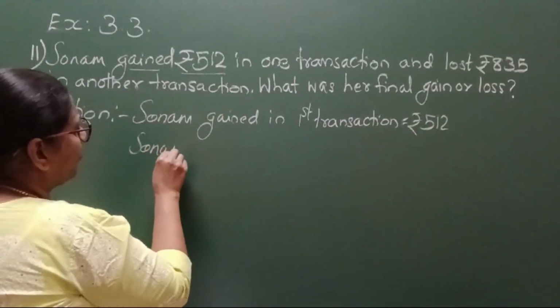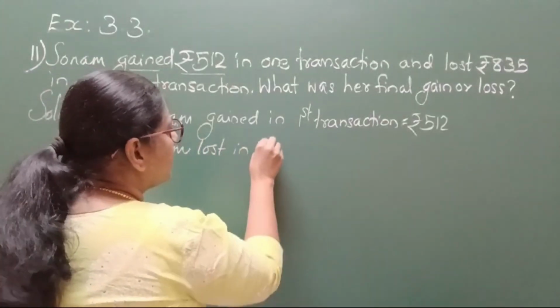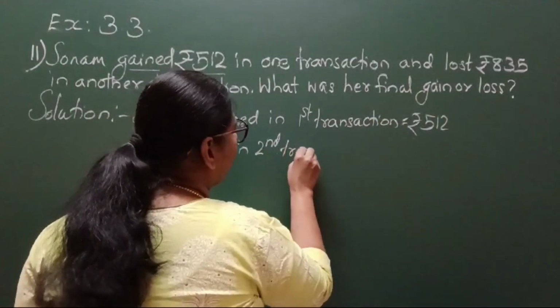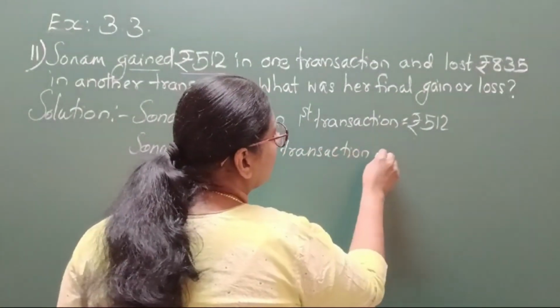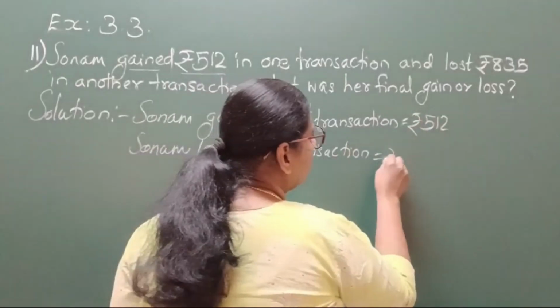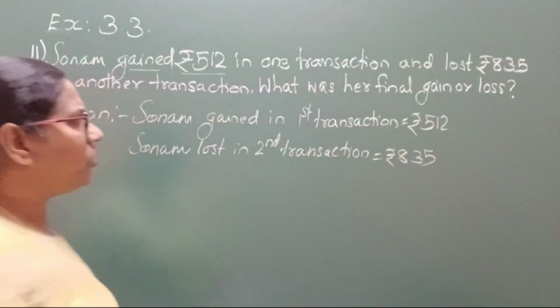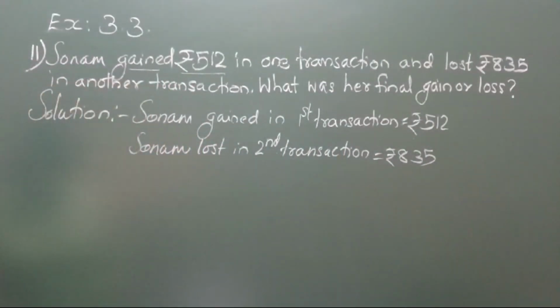Sonam lost in second transaction, how much? 835 rupees. So here it says that she lost 835 rupees in the second transaction.